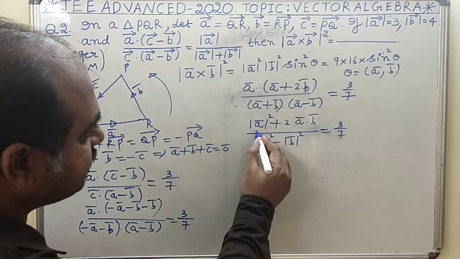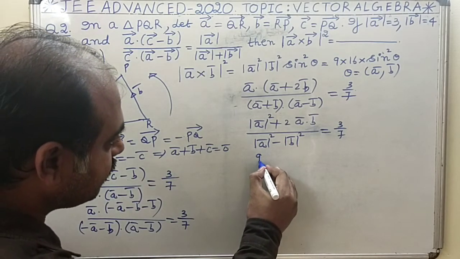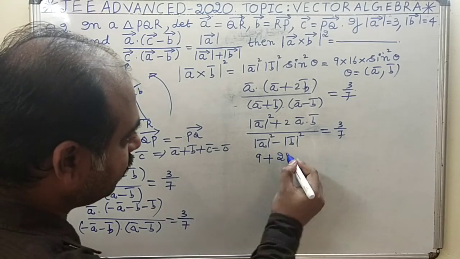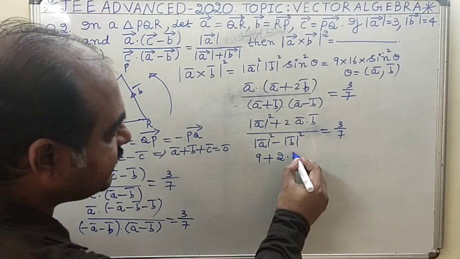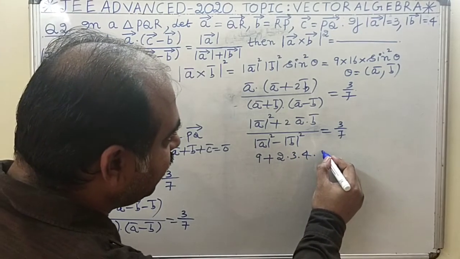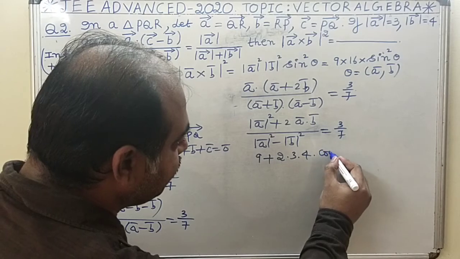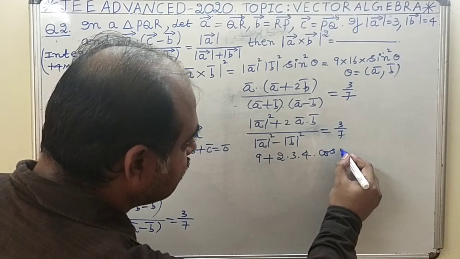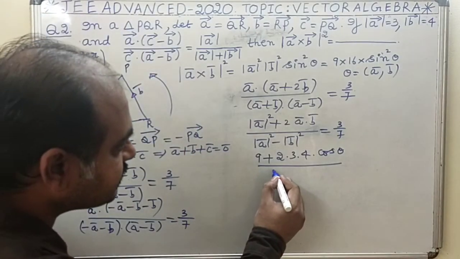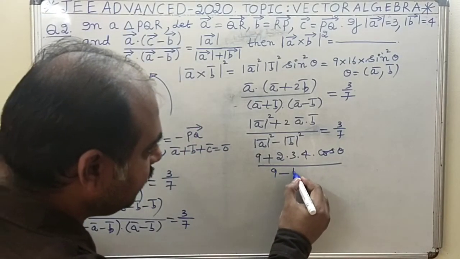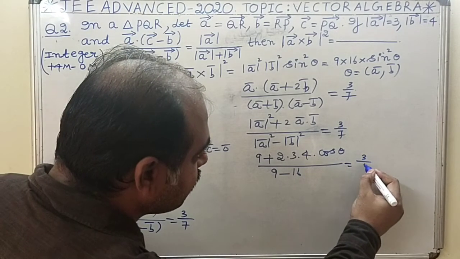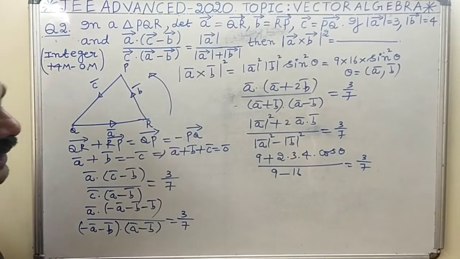Modulus A bar is 3, so this is 9, plus 2 into the dot product formula: 2 into modulus A bar, which is 3, modulus B bar, which is 4, and we have taken the angle as theta, so cos theta, divided by modulus A bar square 9 minus modulus B bar square 16. So 3 divided by 7.